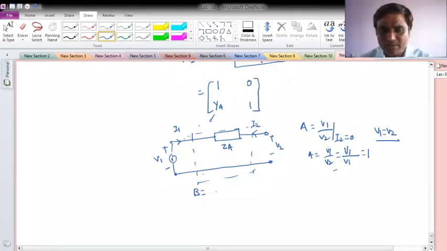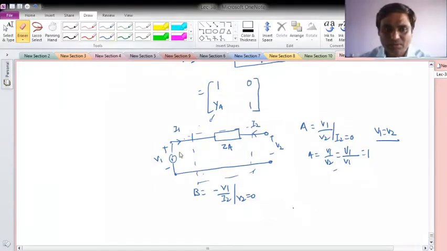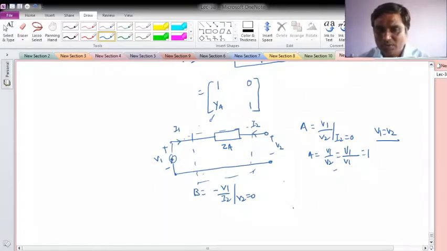So B parameter will be minus V1 over I2 when V2 is equal to 0. V2 equal to 0 means you will make it short circuit. Here I am applying a voltage source V1, and this is ZA.